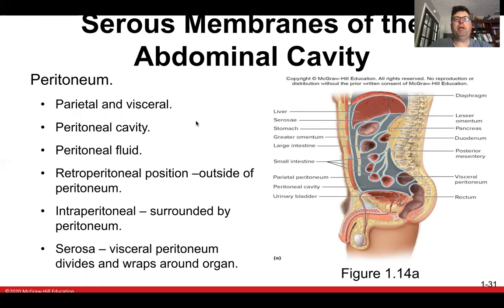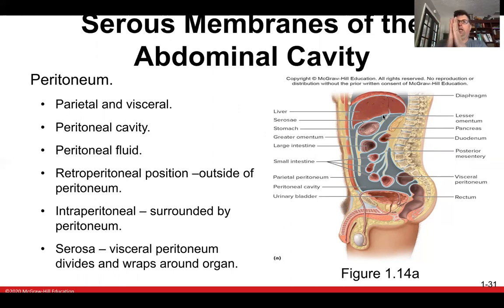Now, the main membrane in the abdominal cavity is called the peritoneum. And the peritoneum consists of a parietal and a visceral portion. It's tough to explain, and we'll go back over it again when we get to the digestive system. But it's sort of split, and there's a parietal layer that covers the body cavity, and then there's a visceral layer that wraps tightly around the organ.